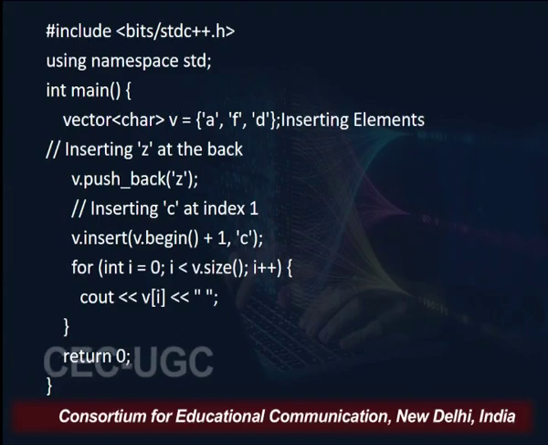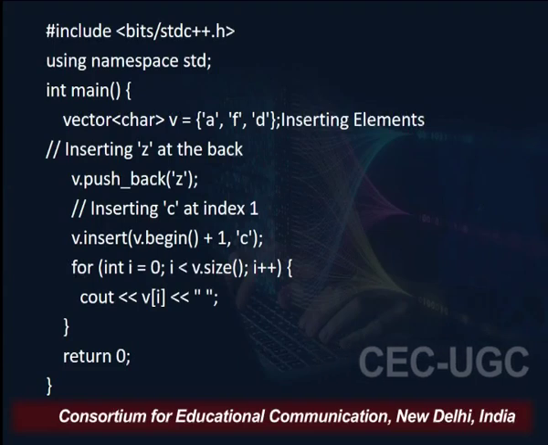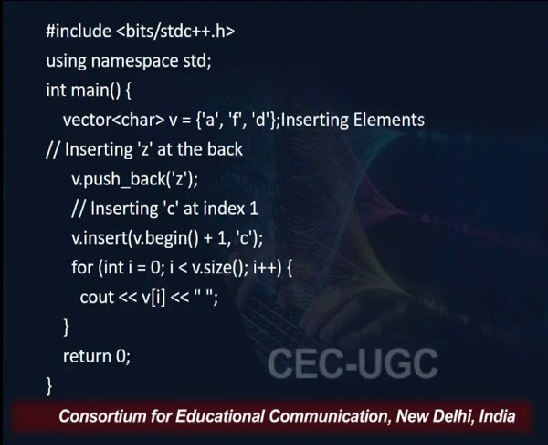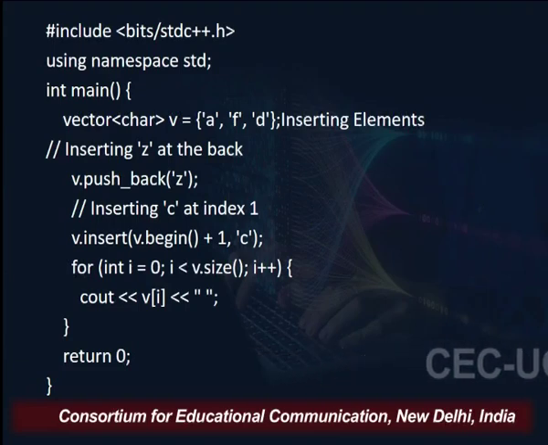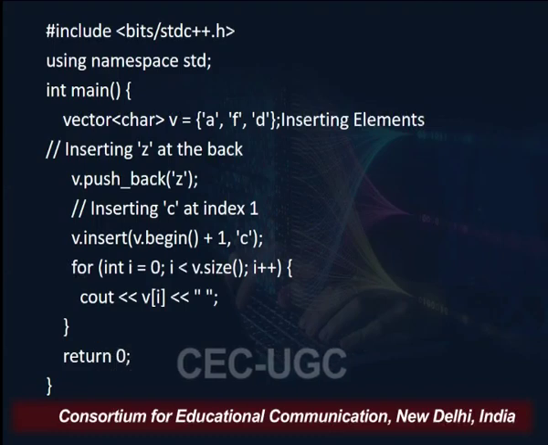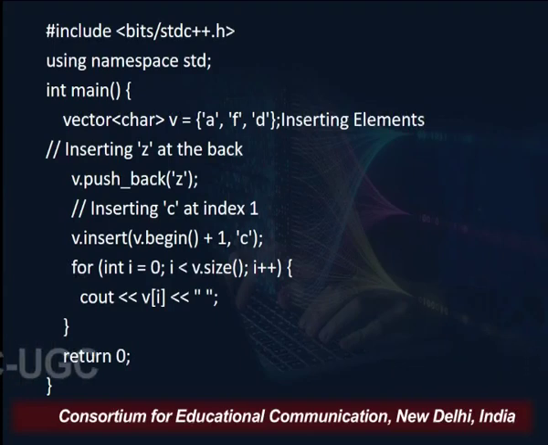The first parameter has to be a position, which is v.begin() plus 1. You can assume that v.begin() is 0, so 0 plus 1 is 1.